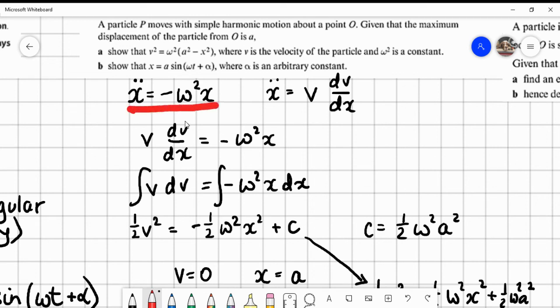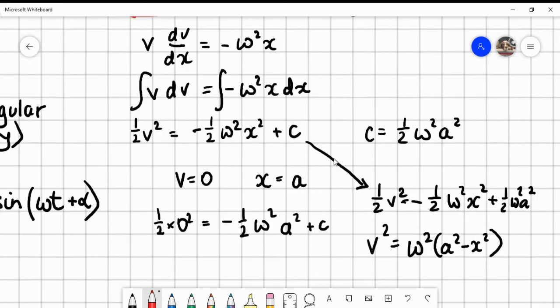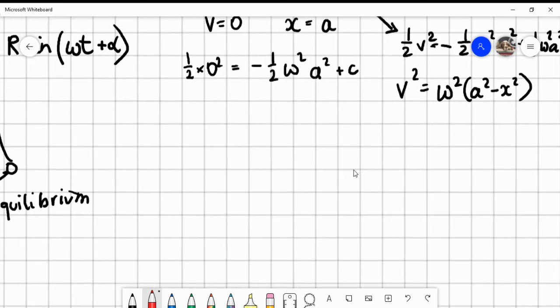We're going to solve this differential equation using the techniques that we've used before. This is something that you'll be solving all the time when using simple harmonic motion. So you've got x double dot is equal to minus omega squared x, or you could say minus kx.